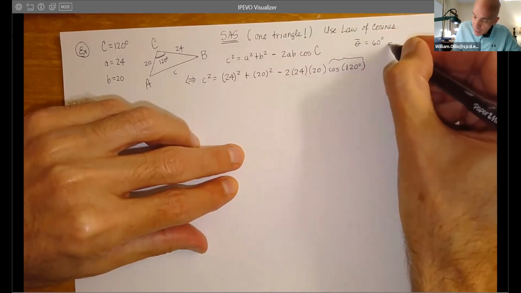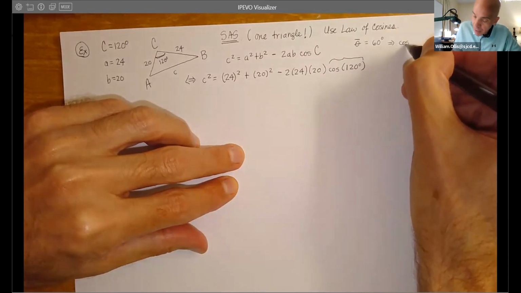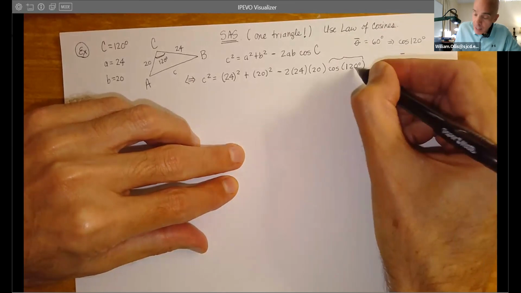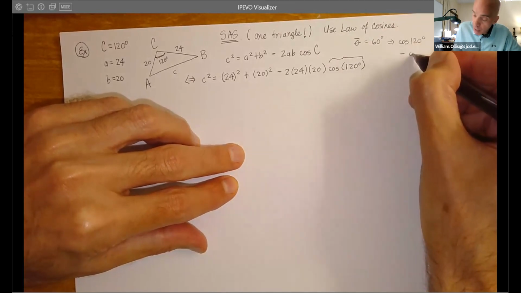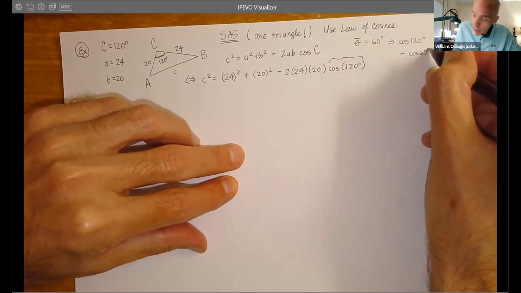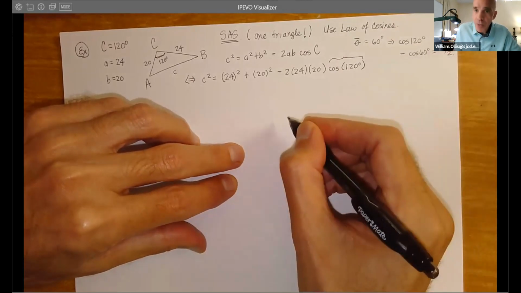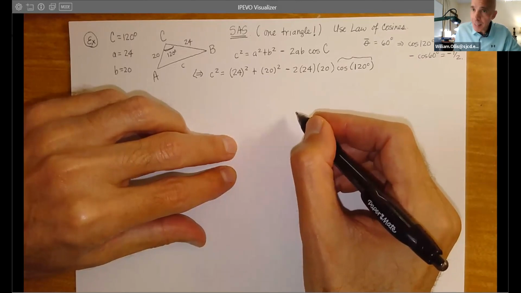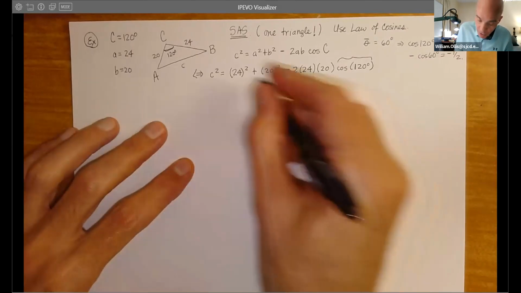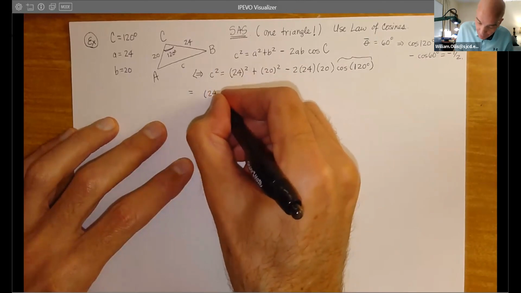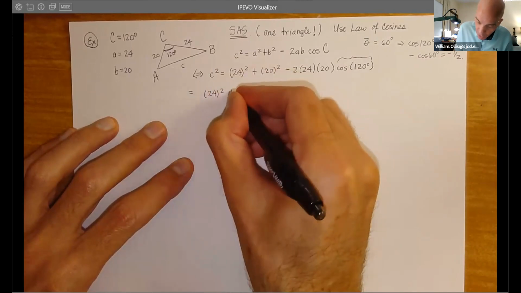So this implies cosine of 120 degrees, since this is in the second quadrant, is the negative of cosine of 60 degrees, which is negative 1/2. So that's where we use our arithmetic of the unit circle. So what do we get? We get 24 squared plus 20 squared.